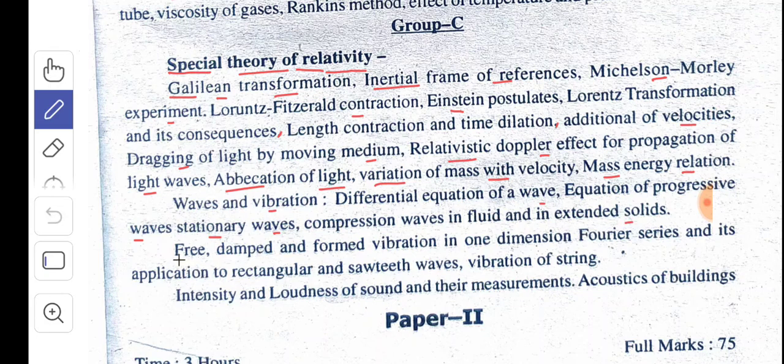Next is free, damped and forced vibration in one dimension, Fourier series and its application to rectangular and sawtooth waves, vibration of a string. Next is intensity and loudness of sound and their measurements, acoustics of buildings. This is the whole syllabus of paper 1.